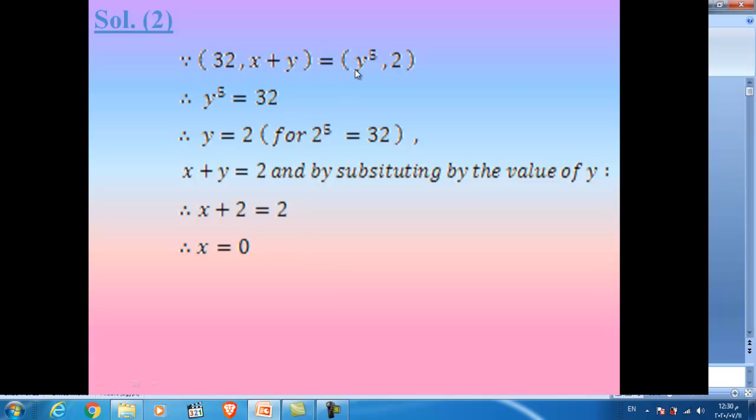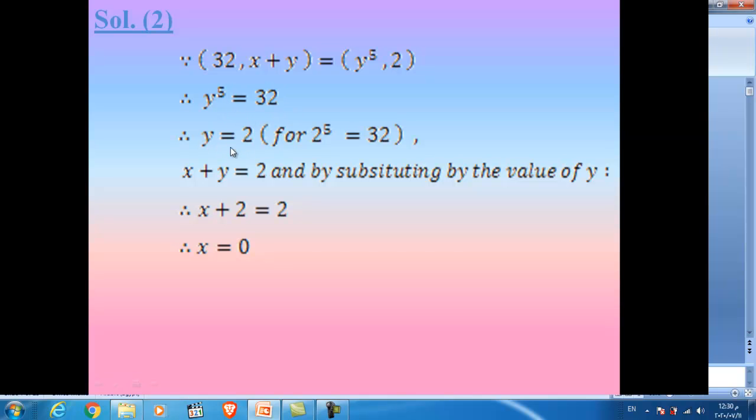(32, x + y) equals (y⁵, 2). Now y⁵ equals 32, first equals first. We can get the fifth root of 32, or you search for the number whose power 5 equals 32. It will be 2.